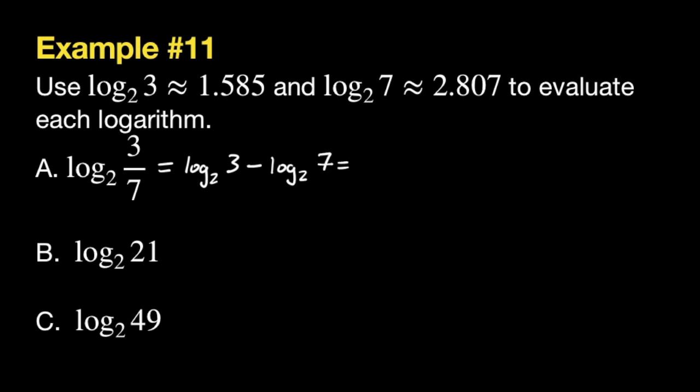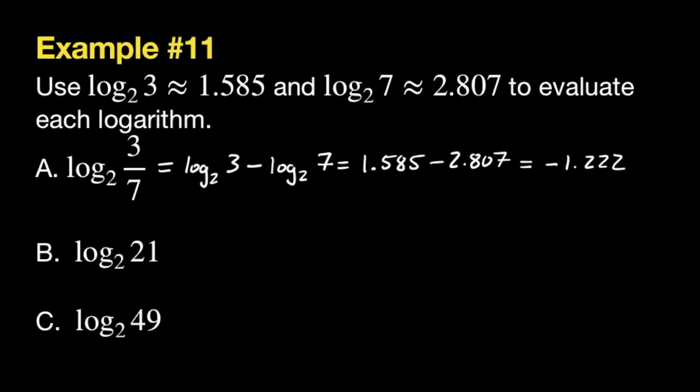We already have the numbers up here, so we do 1.585 minus 2.807, and this will be equal to negative 1.222.